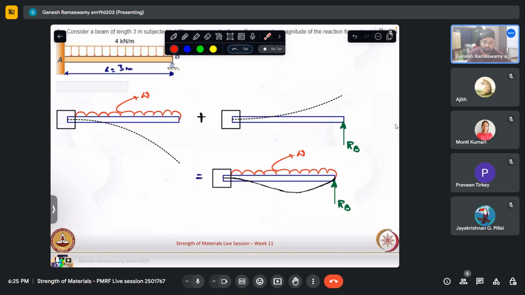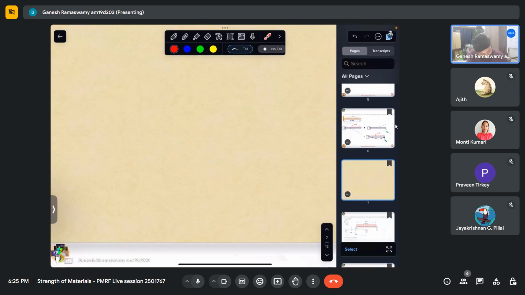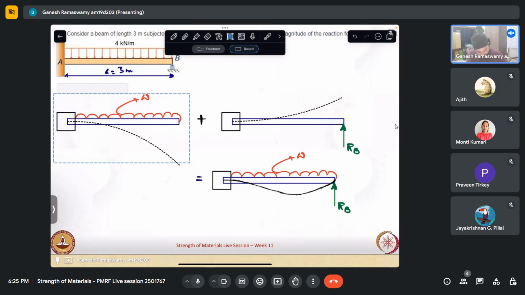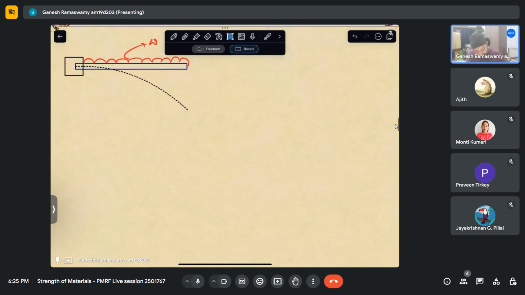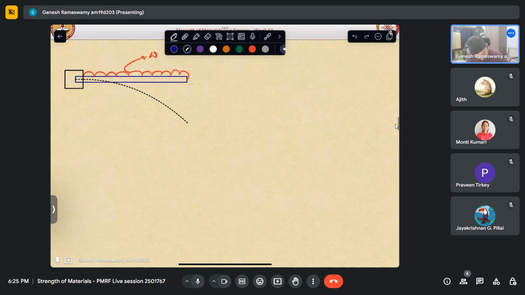So let us go ahead and do that. So I'll consider each of the problems separately, and then towards the end let us add it up. So considering this problem for the free end, let this be some delta 1. I'll call this some delta 1.